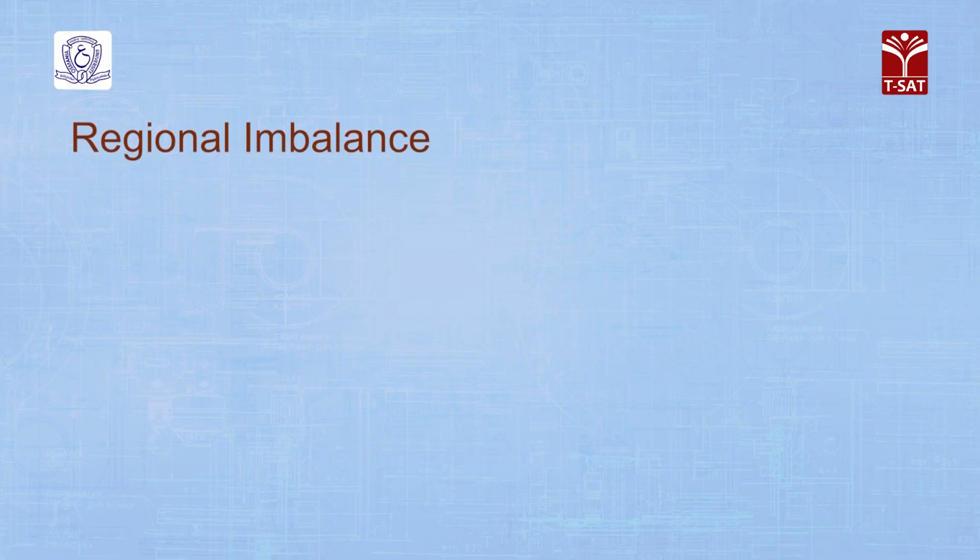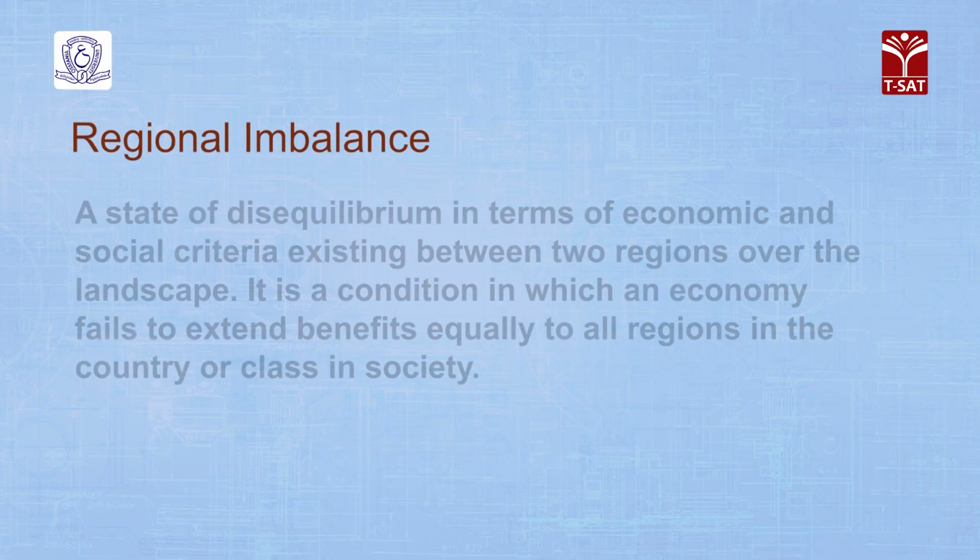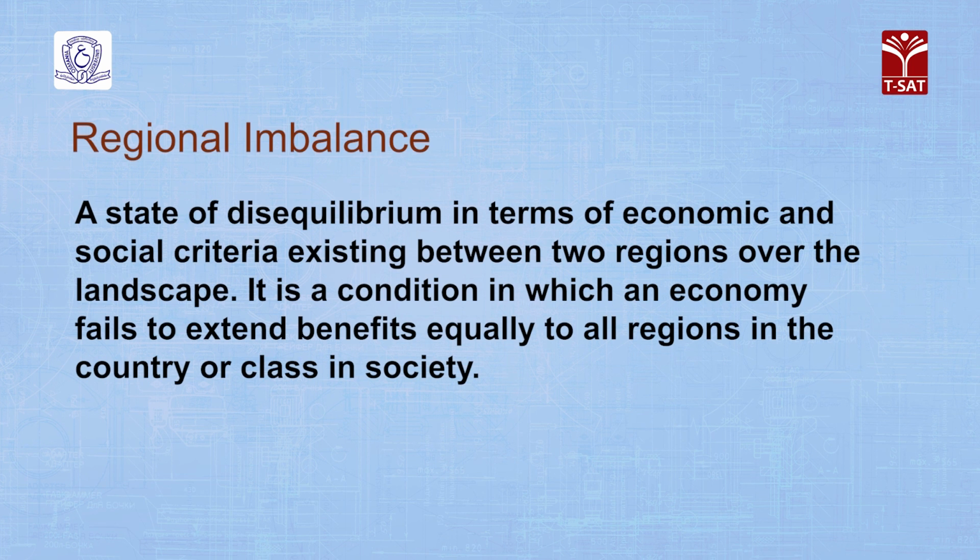Now let us start with the meaning of regional imbalance. Regional imbalance is defined as a state of disequilibrium in terms of economic and social criteria existing between two regions over the landscape.